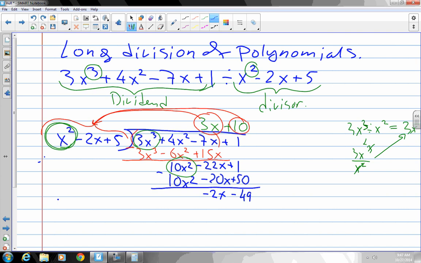And this is what I was telling you. Our quotient is going to be most likely linear. And that's what it is, right? Power 1. And our remainder is always going to be less than our divisor. Otherwise, you can keep dividing. So this is the quotient, and this is the remainder.